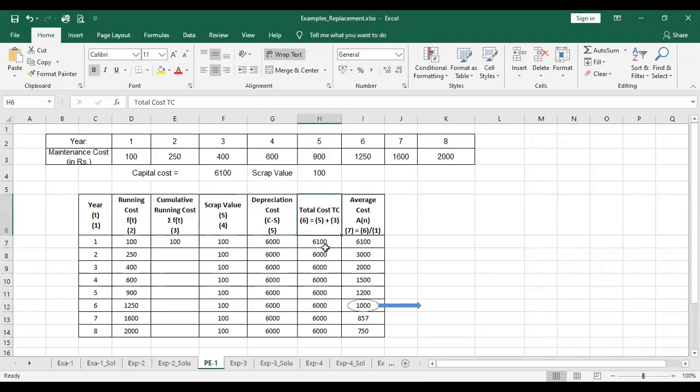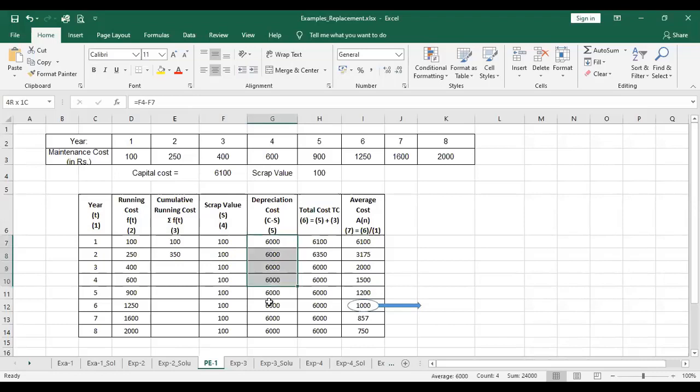The total cost is the depreciation cost plus the running cost, so for the first year it is 6,100, and divided by 1 it is 6,100. Now for the next year, we have to add the running costs: 100 plus 250, which is 350, and 100 is the scrap value.